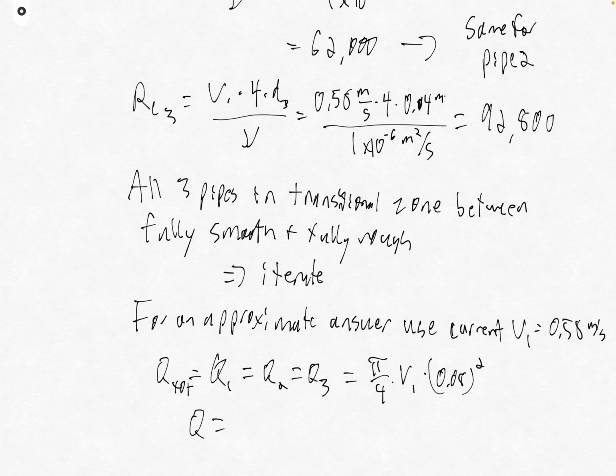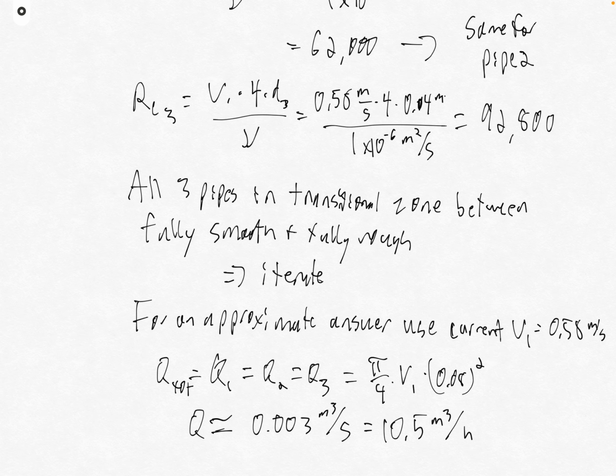So Q is approximately equal to 3.14 divided by 4 times 0.58 times 0.08 squared, 0.003 meters cubed per second. Your book put this into units of meters cubed per hour, and so we get an answer of 10.5 meters cubed per hour.